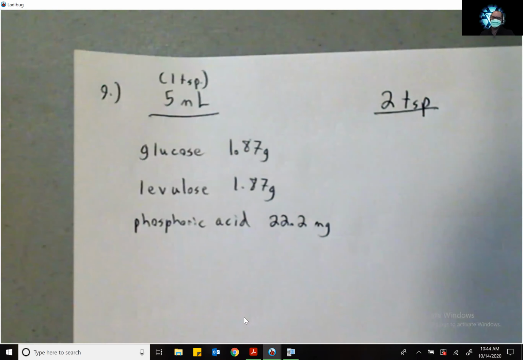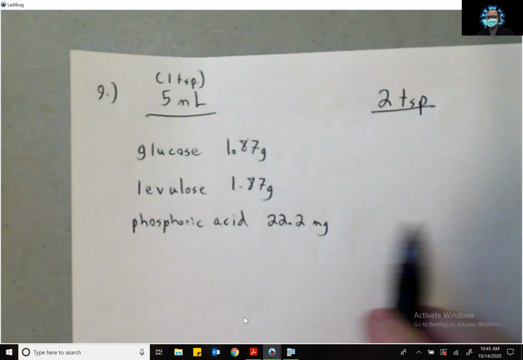So April, you said we wanted to do what first? Turn the glucose and the levulose to milligrams. Nope, we don't have to change those. They can stay grams. Again, remember, we're just after phosphoric acid.